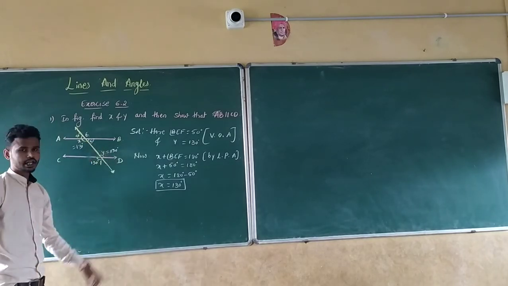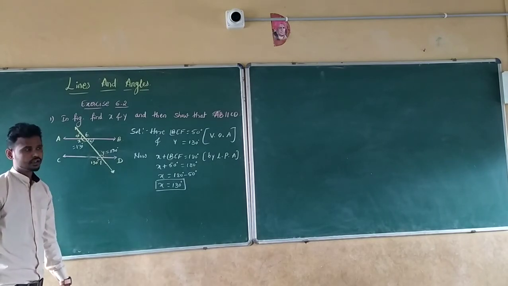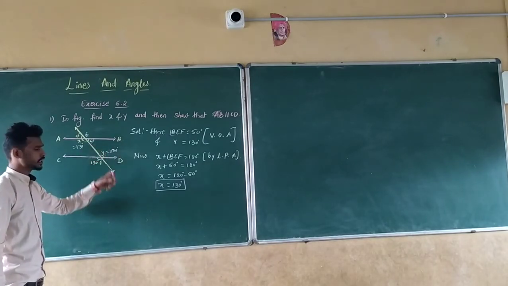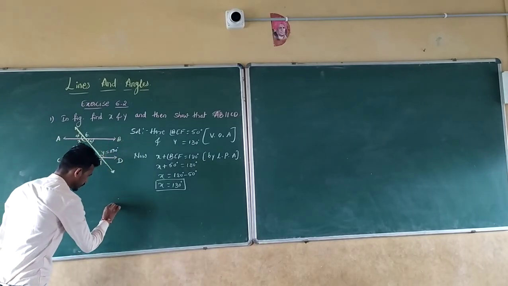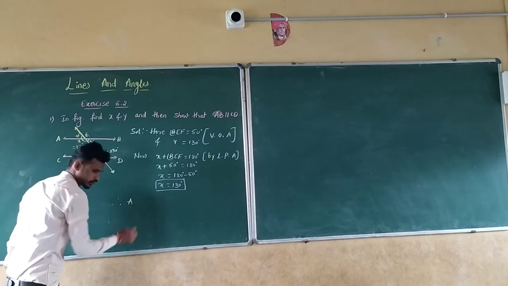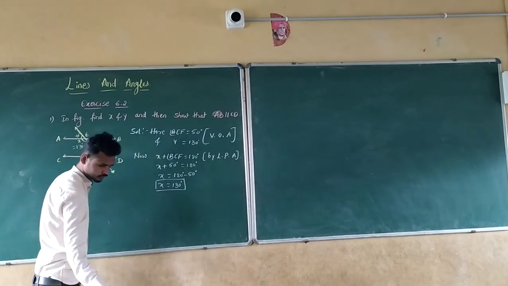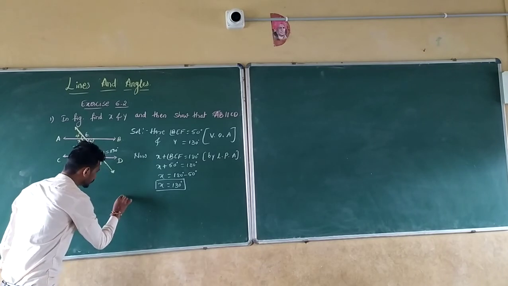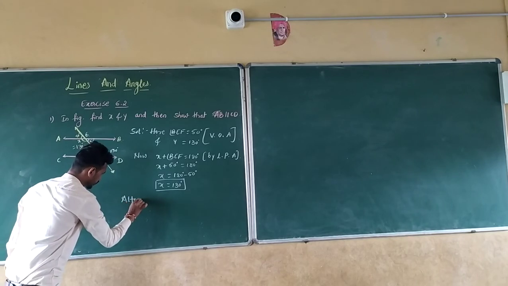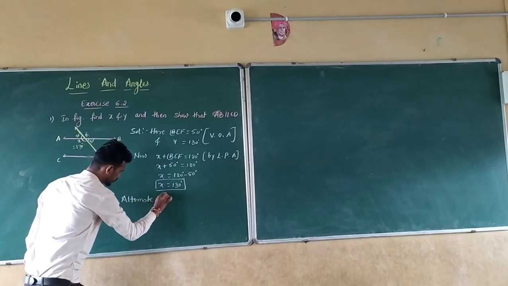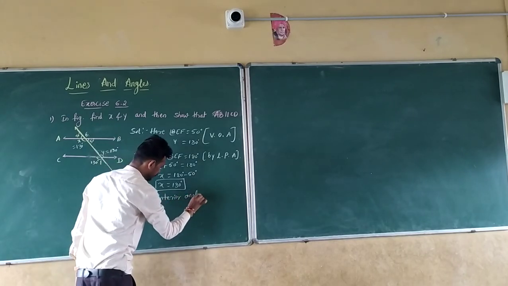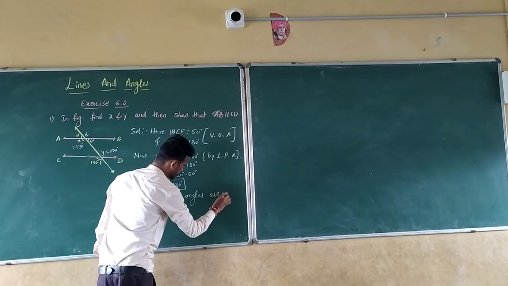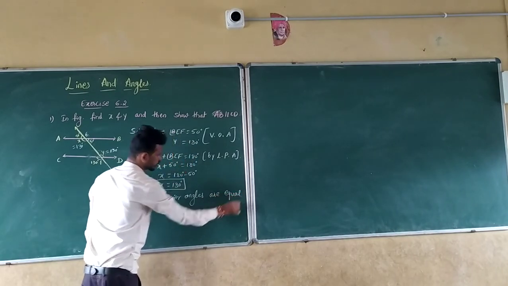So x and y are which type of angles? Alternate interior angles. If alternate interior angles are equal, then the two lines are parallel. So what can we write? Therefore, alternate interior angles are equal.